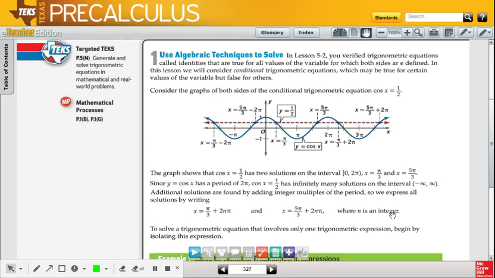So this ties into when you're talking about the graphs of sine and cosine, the frequency, the period, the phase shift, and the amplitude. So if you were to give a general solution, this would be the form.